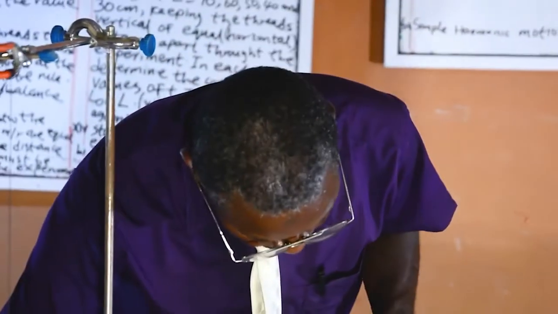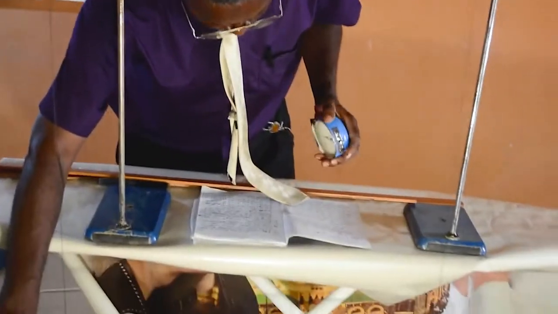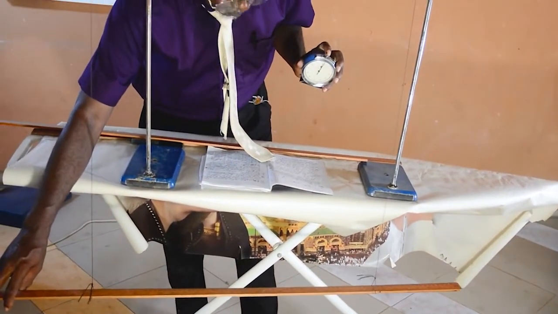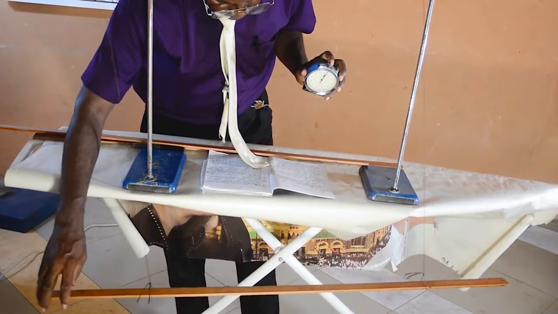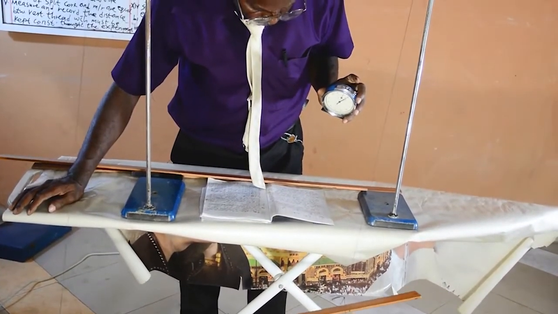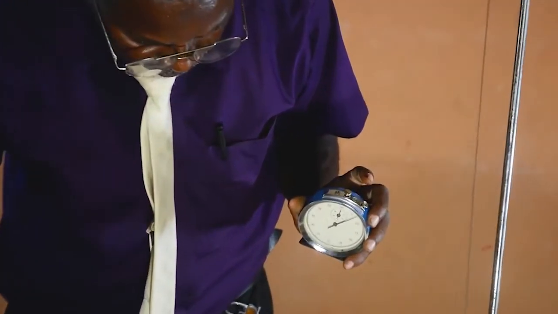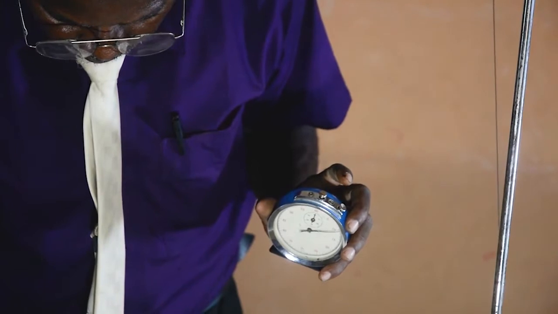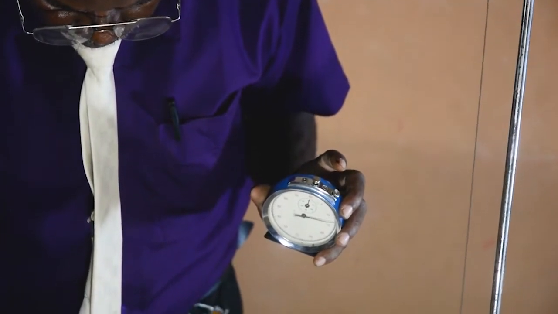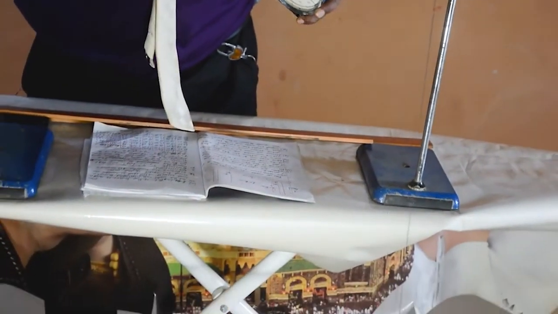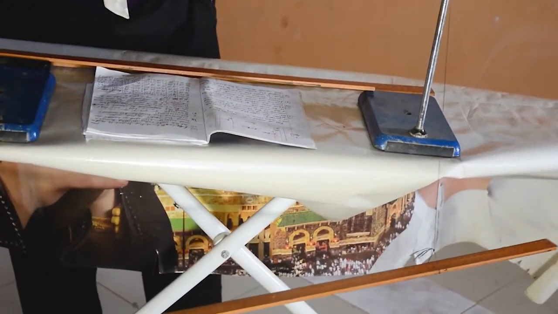I want to start this displacement again for a length of 70 centimeters. Set. 1, 2, 3, 4, 5, 6, 7, 8, 9, 10. This is 16 seconds.